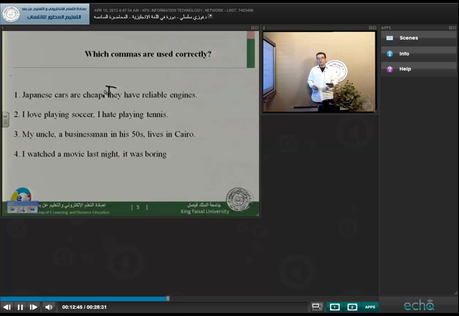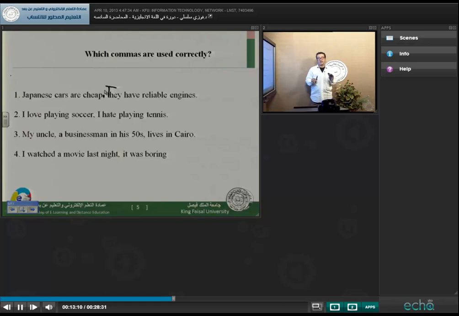Are they dependent or independent? Well, this one has a subject, verb. I love playing soccer. It's a full sentence. It's an independent clause. Let's look at the second one. I hate playing tennis. Same thing. It's an independent clause. It makes sense fully by itself.